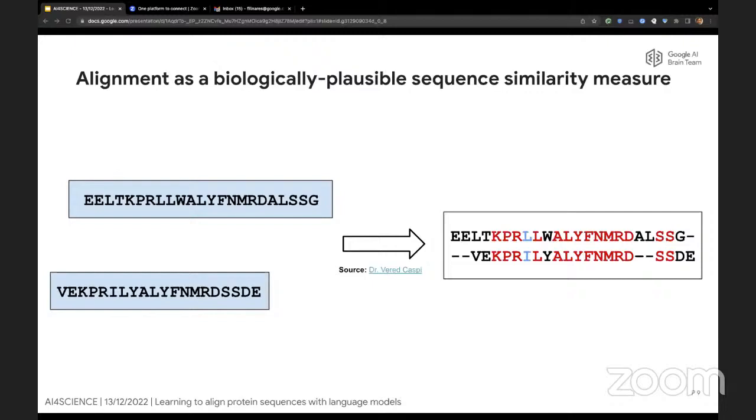And informally, if we are given a pair of protein sequences, we can think of pairwise sequence alignment as a rough attempt to infer the substitutions, insertions, and deletions that evolution introduced in each of these two sequences since their most recent common ancestor, which is a latent variable. We don't really know it.